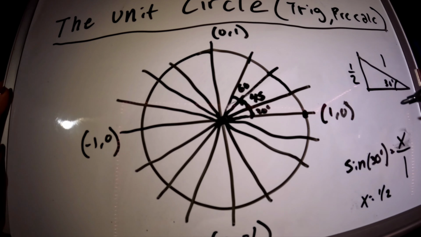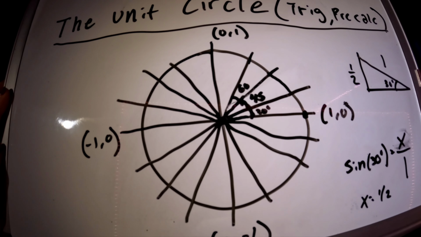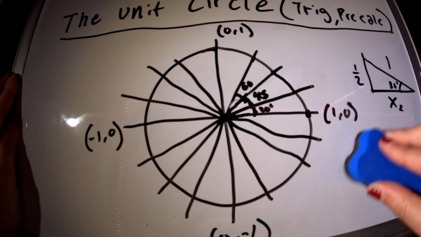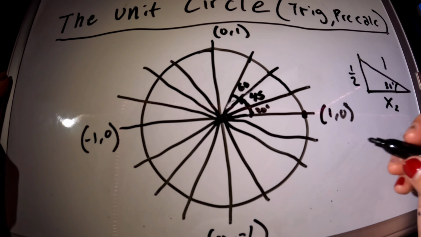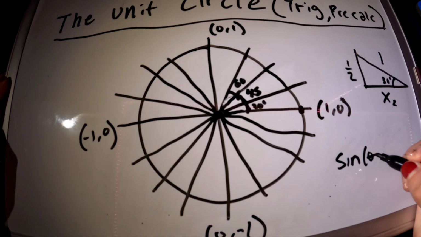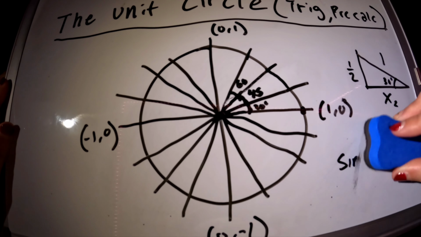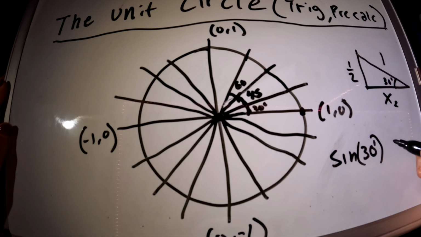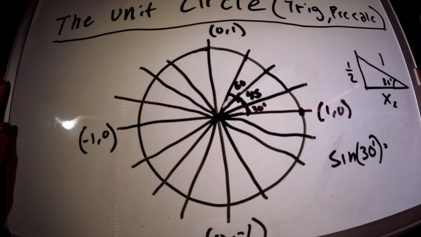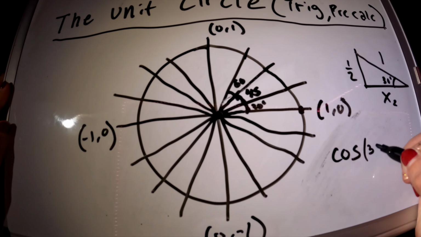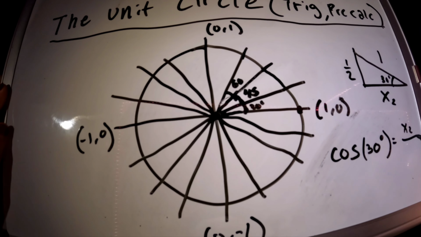And that is your y value. And so then your x value, this value right here, we'll put this as also x. We'll do what we did before: cosine of 30 degrees is equal to x over 1.